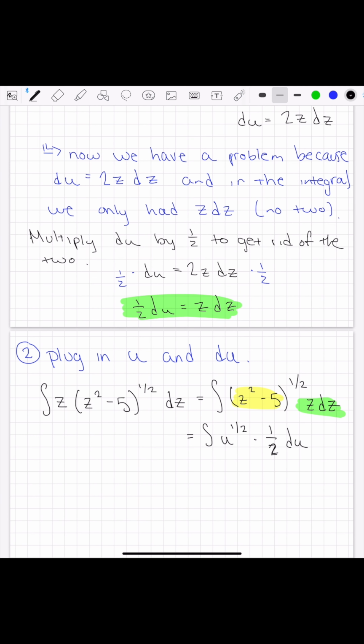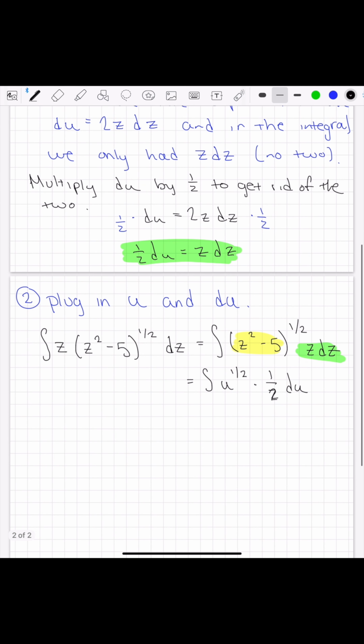And then now what? If we have a constant multiple in our integral, we can pull that out. That was a property: constant multiples can be pulled out. So I pull out the 1/2, and then I have the integral of u to the 1/2 du.